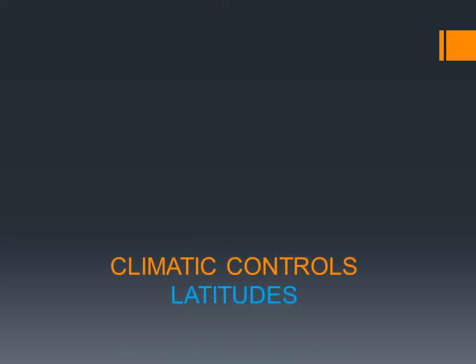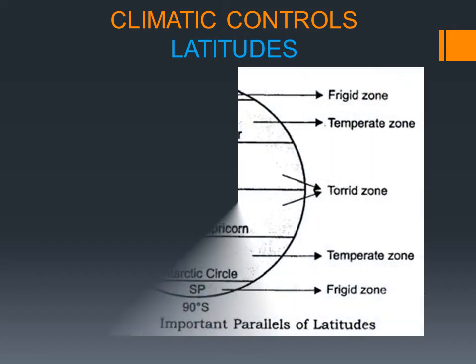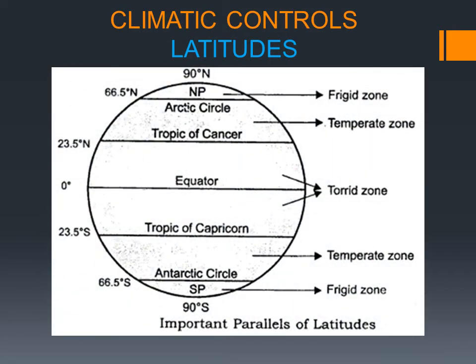Let us now see some important climatic controls. The first one is latitudes. The earth is divided into imaginary horizontal lines called latitudes. We also call these latitudes parallels.